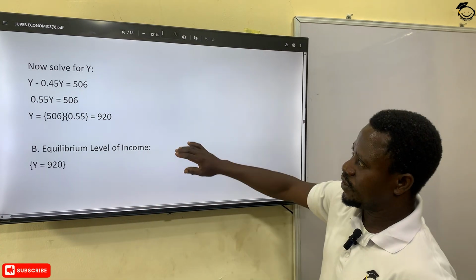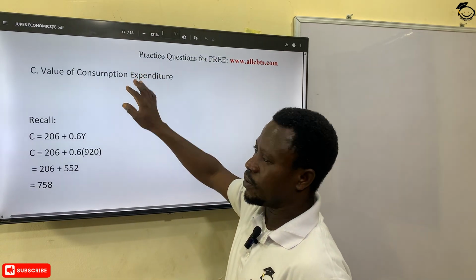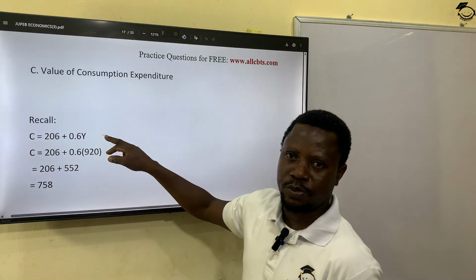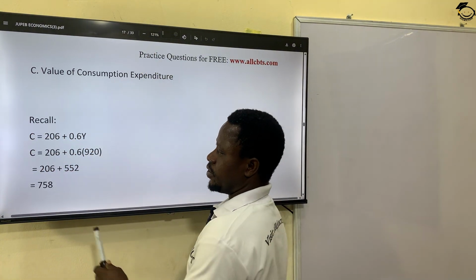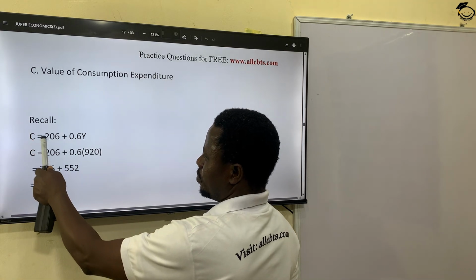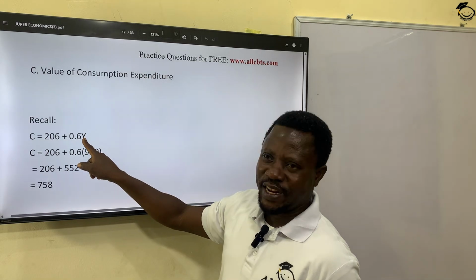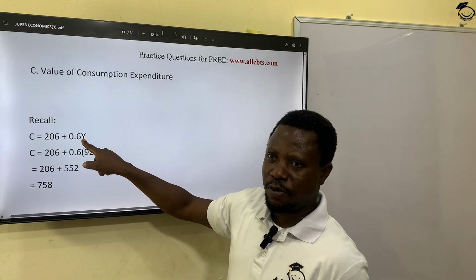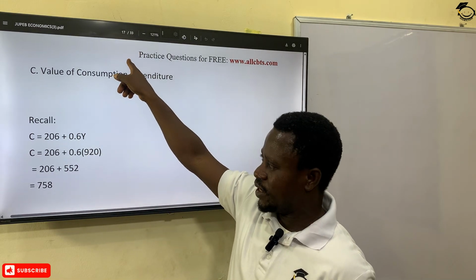All right. So let's see C now. Answer to C. What is the value of consumption? Remember, we are given the equation for consumption. They gave it to us from the beginning. So what we do now is bring our equation down and reflect the y that we've gotten, which is our national income. Whenever you see y, replace it with what? 920. We just got that now.